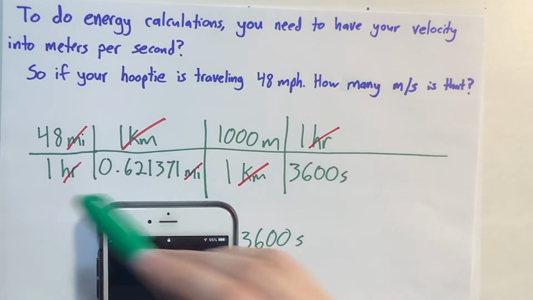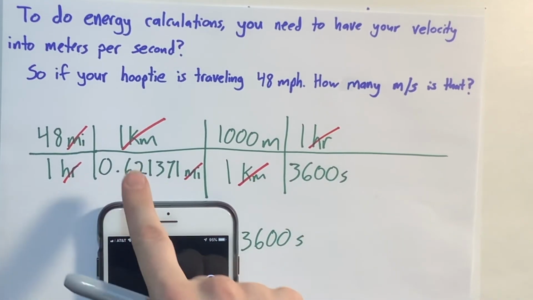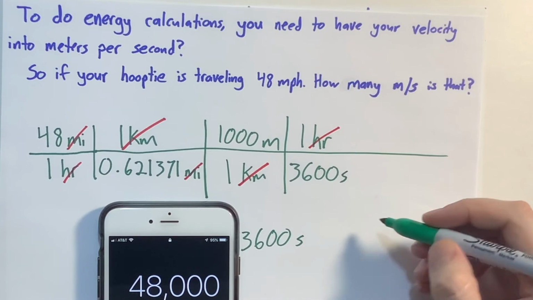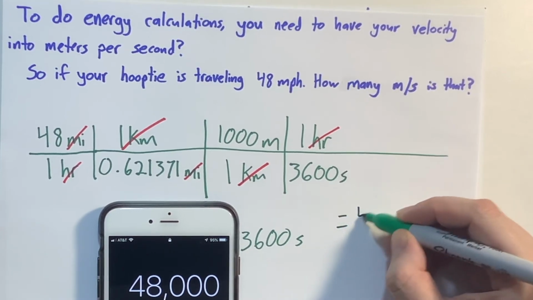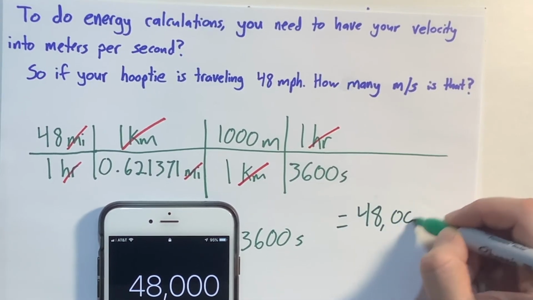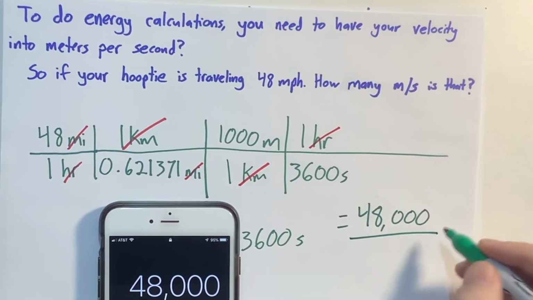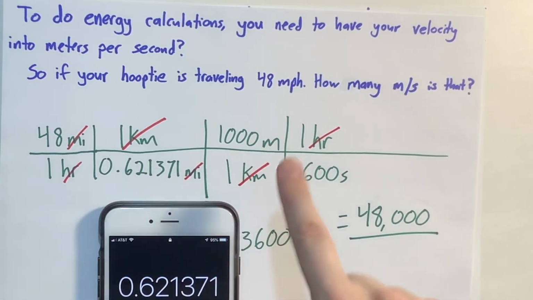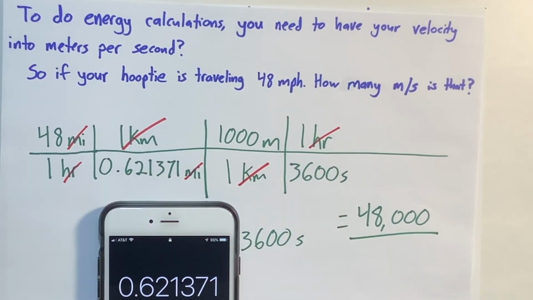So I'm going to multiply my numerators. So I have 48 times 1 times 1,000 times 1. Obviously I don't need to put in the ones, so 48 times 1,000. You could probably do that in your head. So here I have 48,000, and my denominator is 1 times my conversion factor times 1 times 3,600.